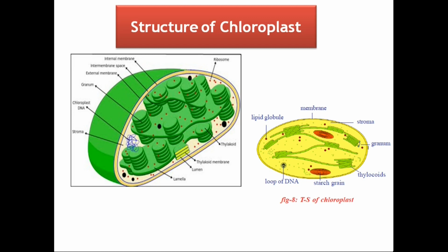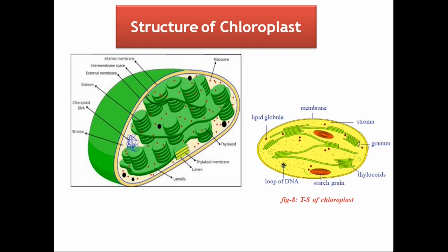And these are the sites for trapping the solar energy. The intermediary fluid-filled portion around the grana is called stroma. It is believed to be responsible for enzymatic reactions leading to the synthesis of glucose, which in turn join together to form the starch.